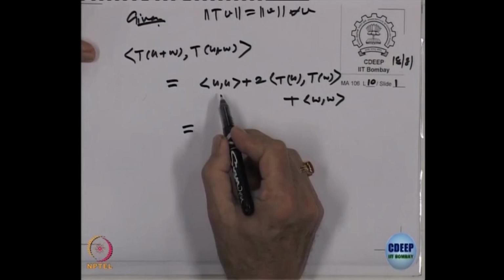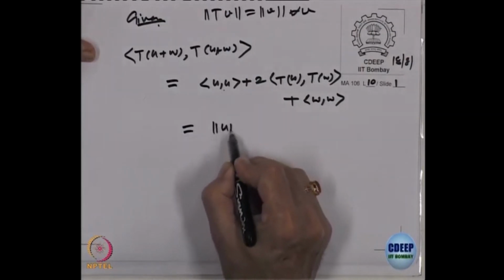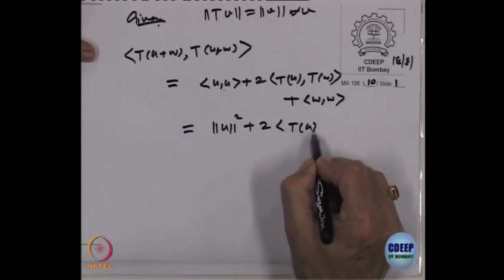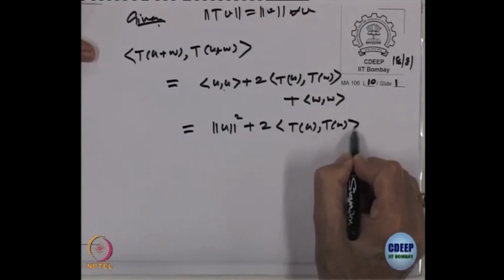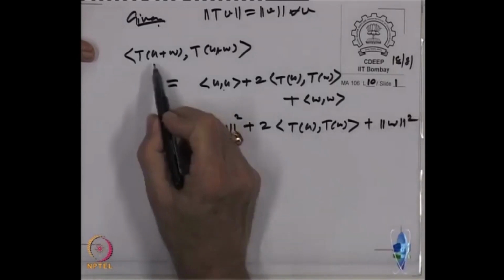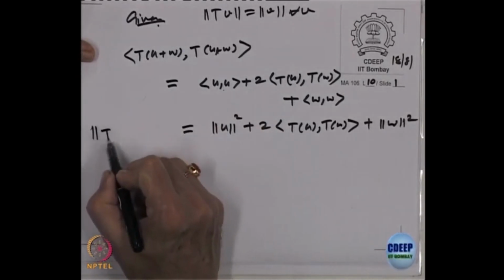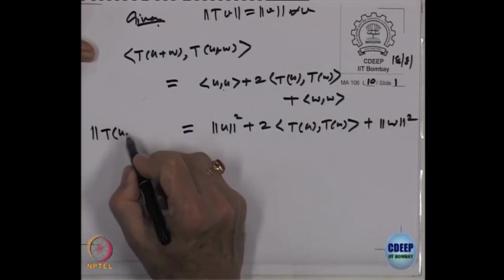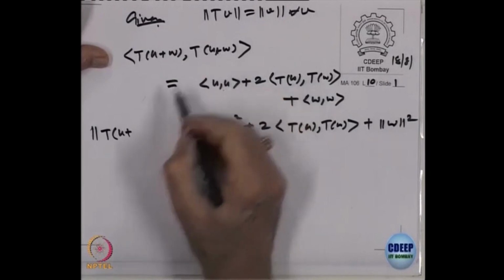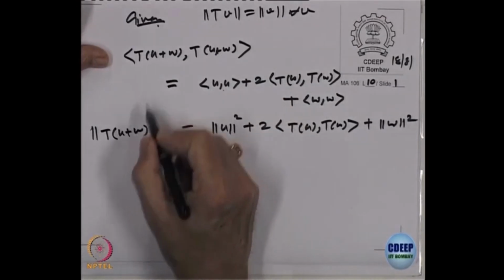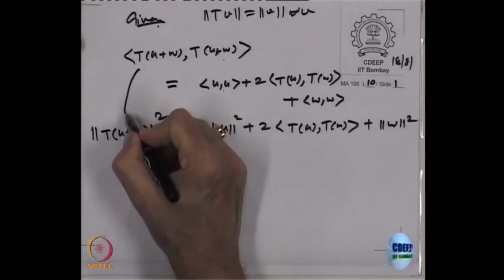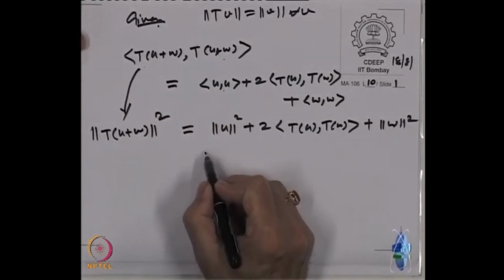So, that is given to us. So, what is this? This is norm of u square plus 2 Tu, Tw plus norm of w square. And what is this? This is norm of Tu plus Tw, same vector with itself. So, that is norm square, right. So, this is equal to this.